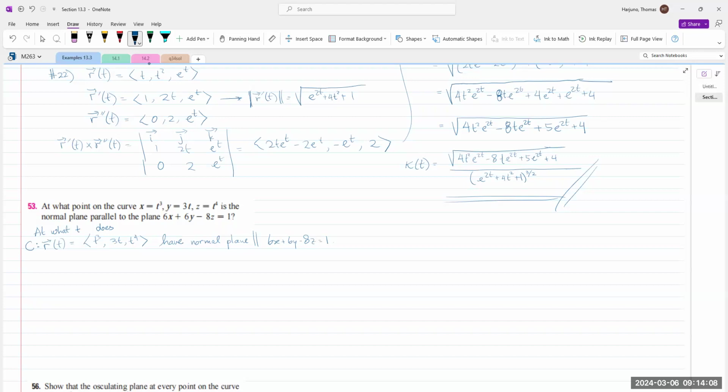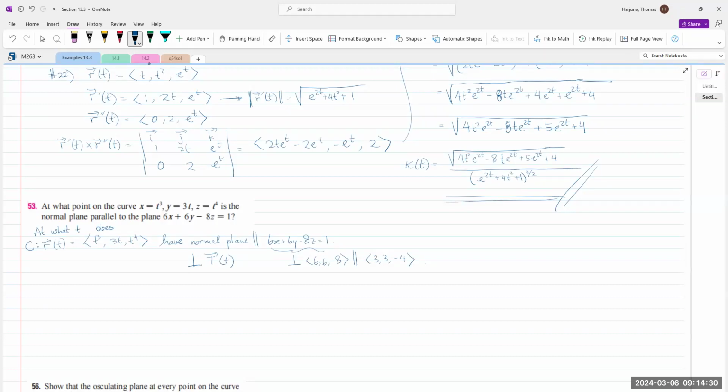But normal plane is normal to unit tangent vector, right? And this plane here is normal to (6, 6, -8), which is parallel to (3, 3, -4).